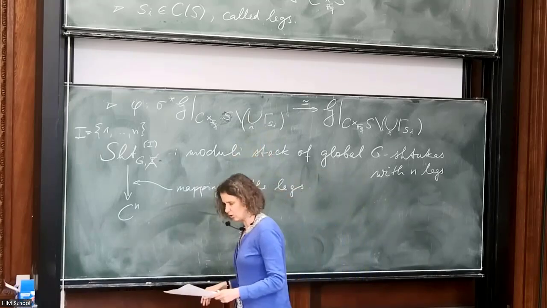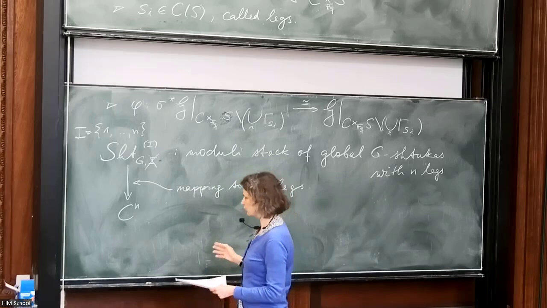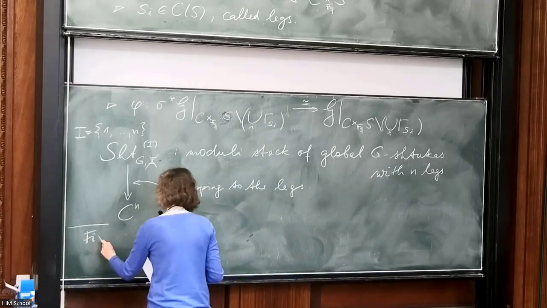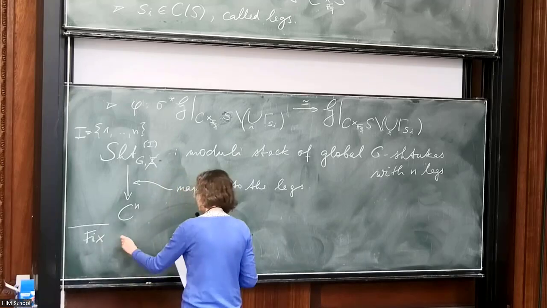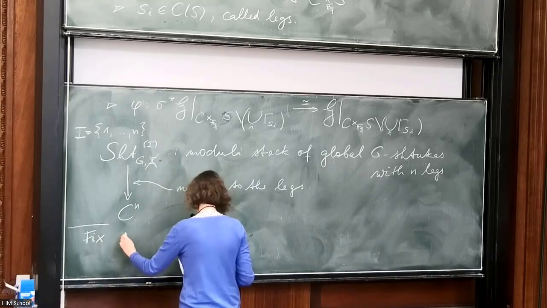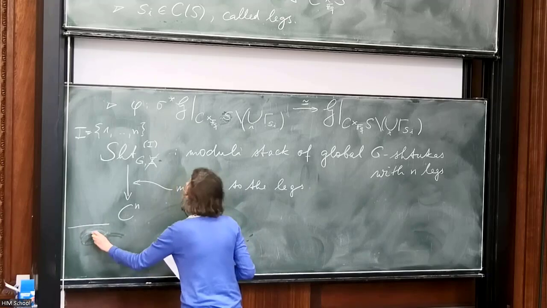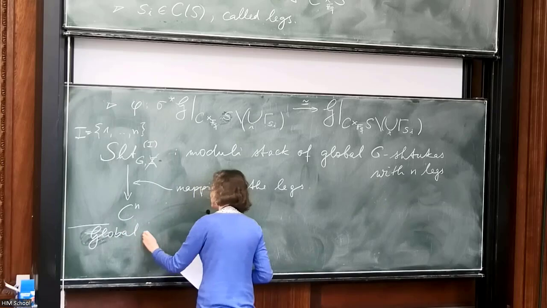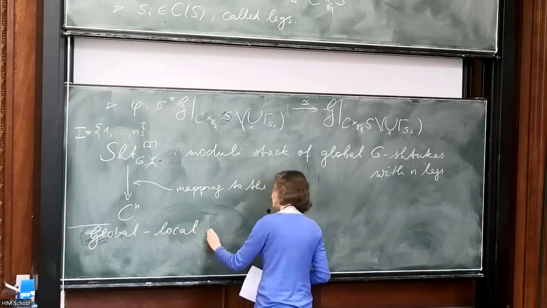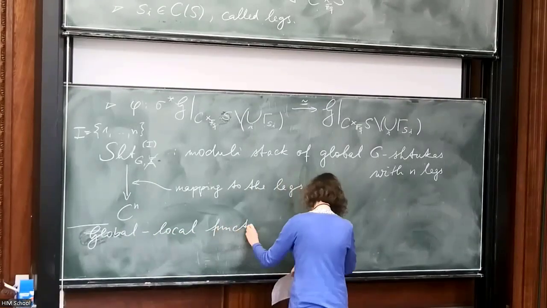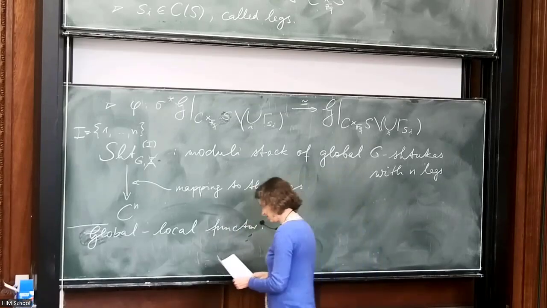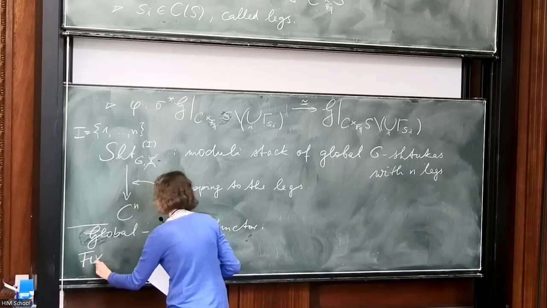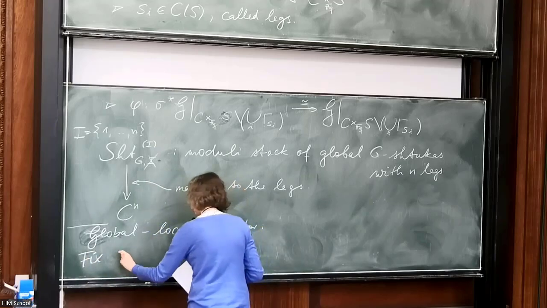All of what I'm presenting today only works very well if we fix distinct places. So this was the setting. Now comes the global-local functor, and the first thing we do is fix distinct places.